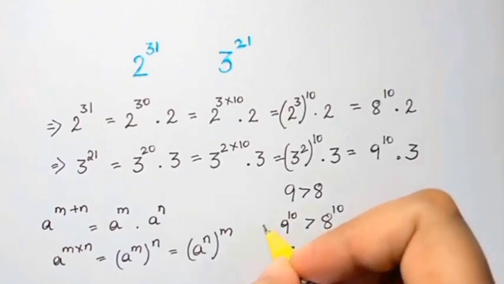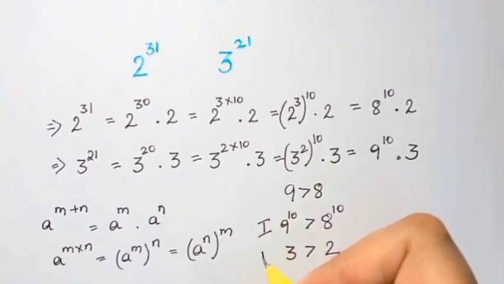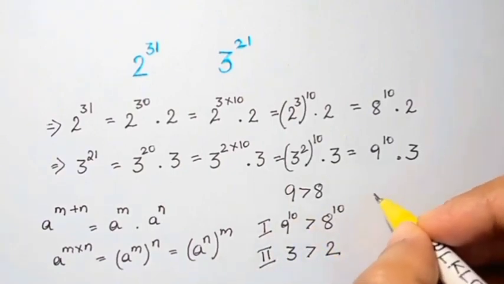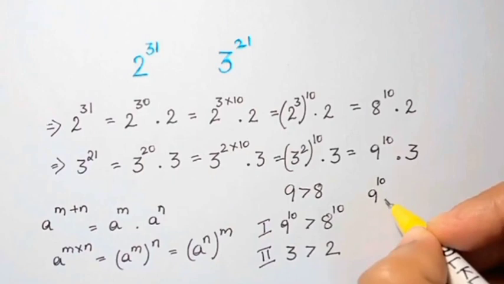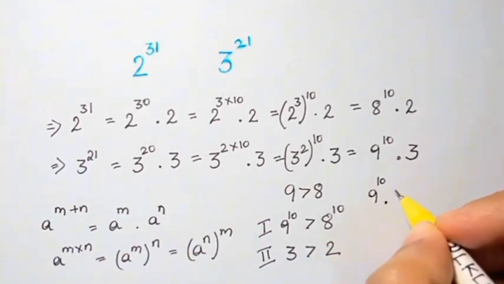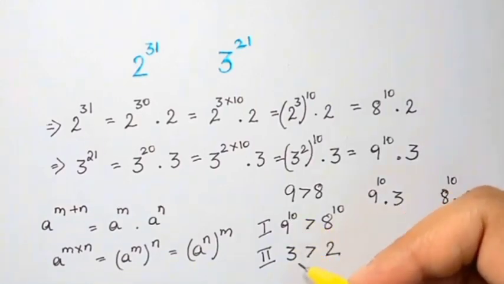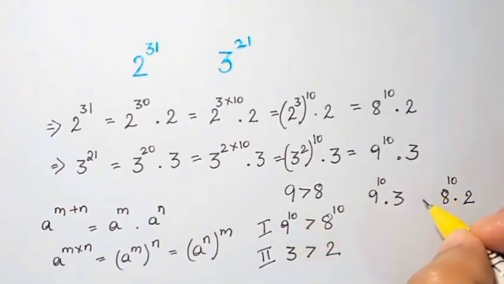So we have got two inequalities, the first one and the second one. Let's multiply them both. So we have 9 to the power of 10 times 3 and 8 to the power of 10 times 2. As this part is always greater than this part, this is greater than this.